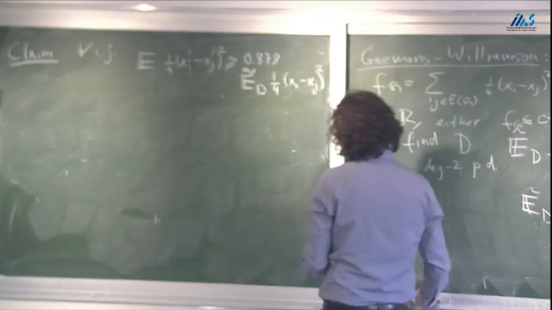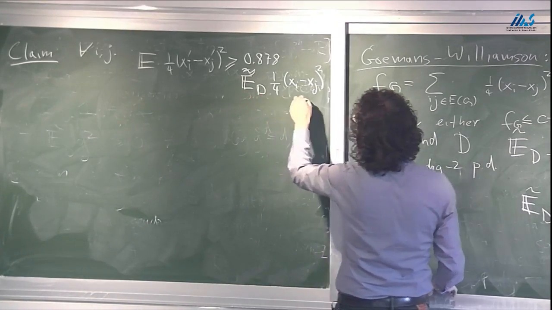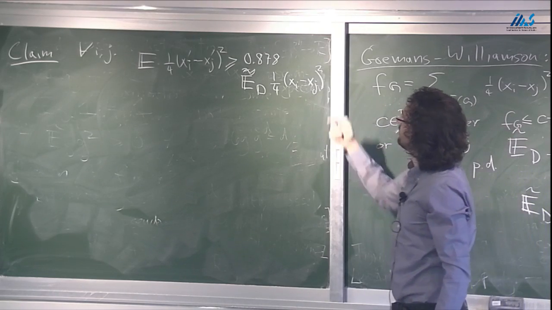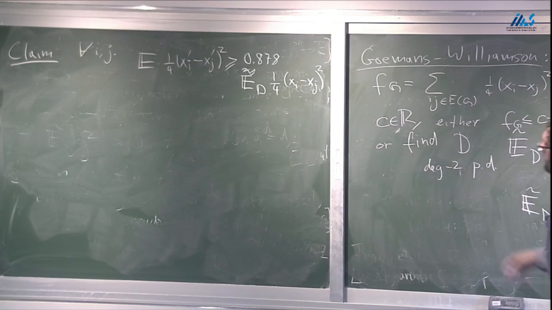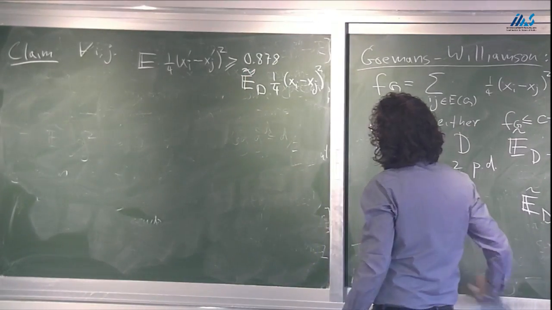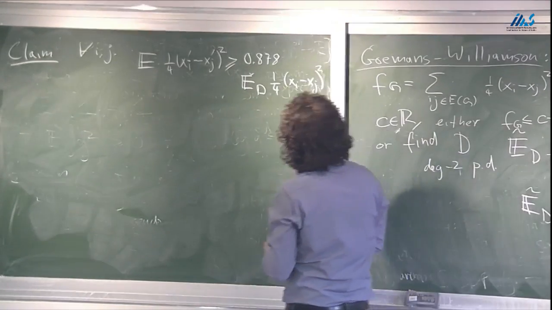So this is sort of a proxy. You can think of it as the pseudo probability that xi is different from xj, and this relationship tells you that you lose at most a factor of 0.878 by going from x to x prime.